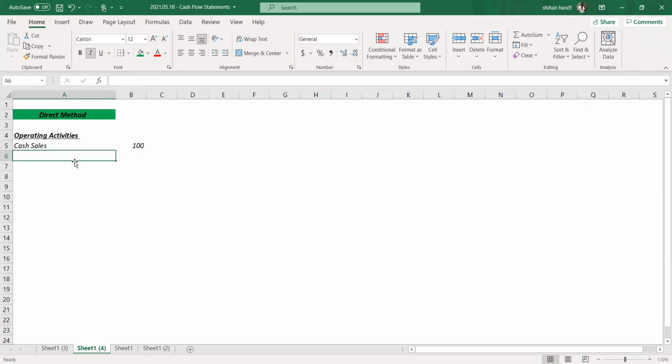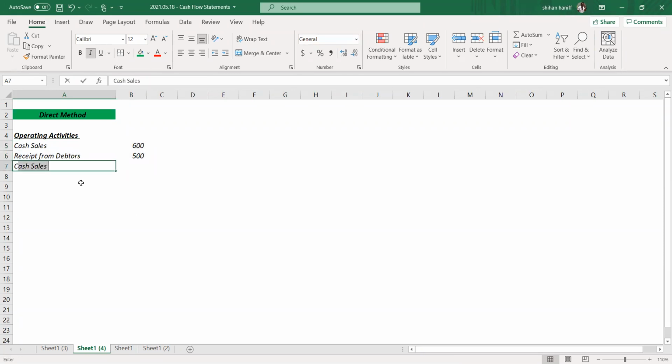Then receipts from debtors. Let's say this is 500,000, this is 600,000. These are the two main cash receipts of a business, operating activities, from the sales.